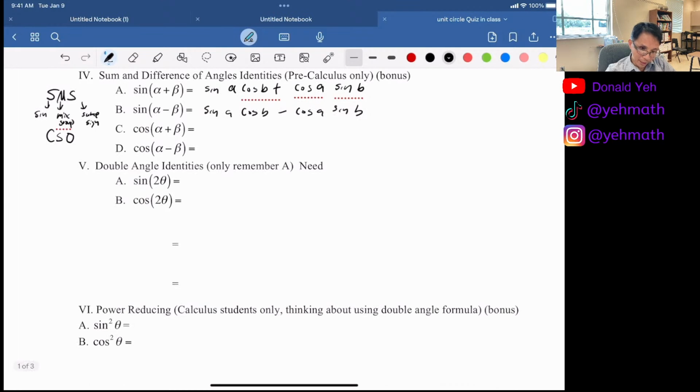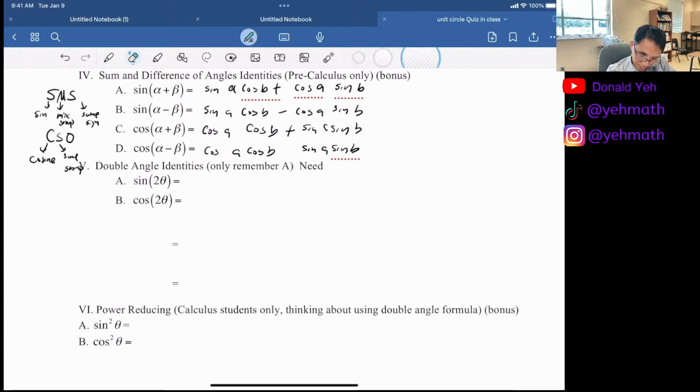Okay, so cosine of A plus B. What is cosine of A plus B? Since it's a cosine, you're going to start with the same group as cosine. So it'll be cosine, cosine, sine, sine, with A, B, A, B. Plus, oh no, sorry, it is negative.